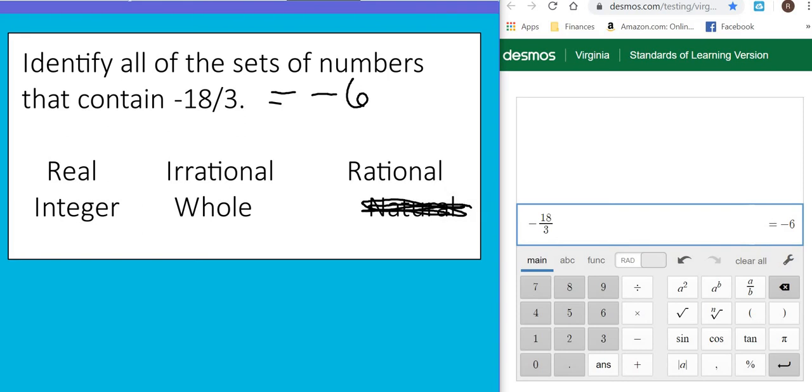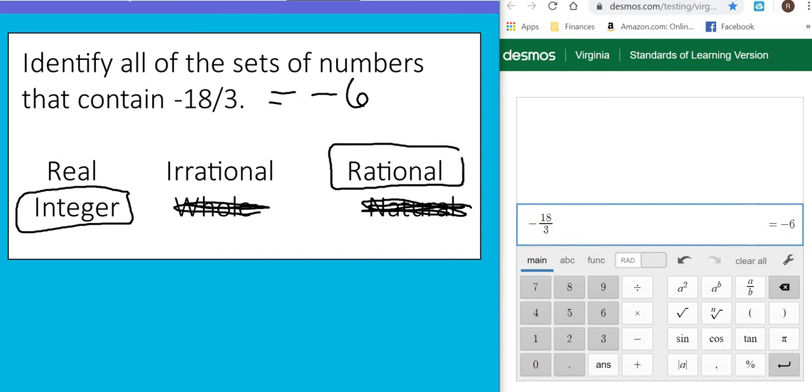After natural comes whole. Whole starts at 0 and keeps counting, so that does not have negative 6 in it either. Integer. Negative 6 definitely is on a perfect number line, so it is an integer. Rational. Absolutely it is rational because as you know, integer, whole, and natural numbers are all rational.